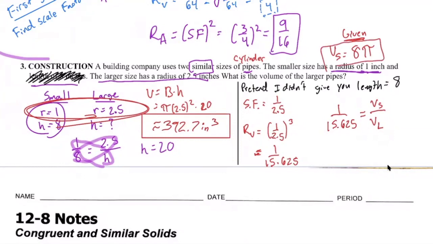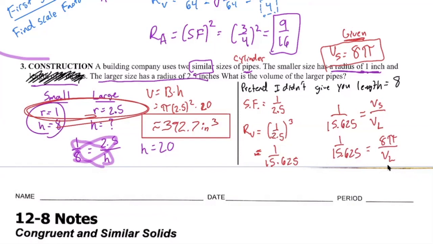So without knowing the height, you're just given that the volume of this one is 8 pi. So this here would then be 1 over 15.625 equals 8 pi over the volume of the large one, which is what we're trying to find.